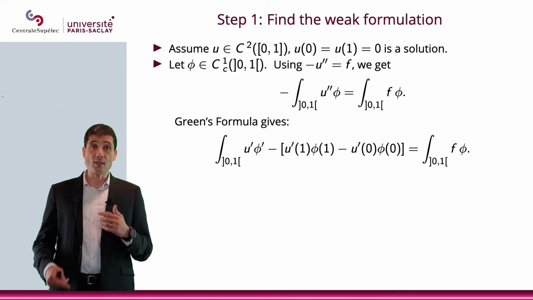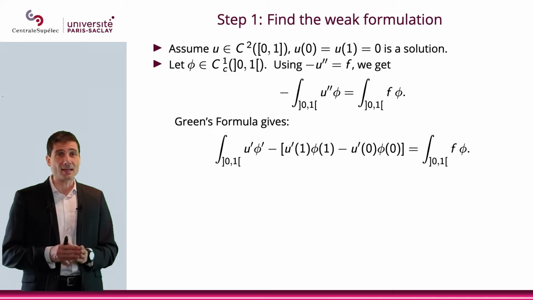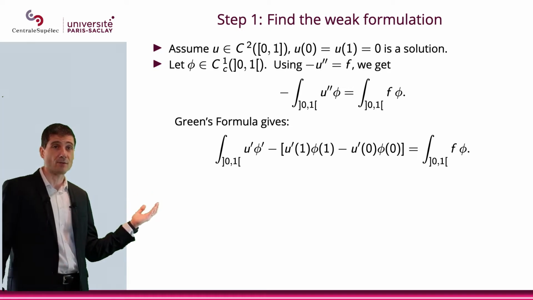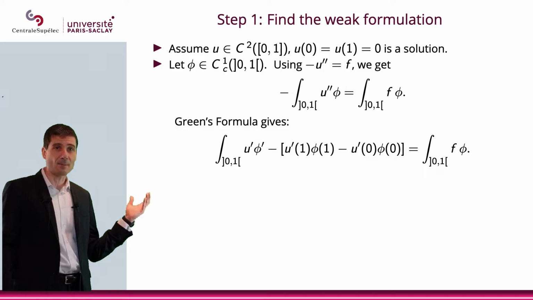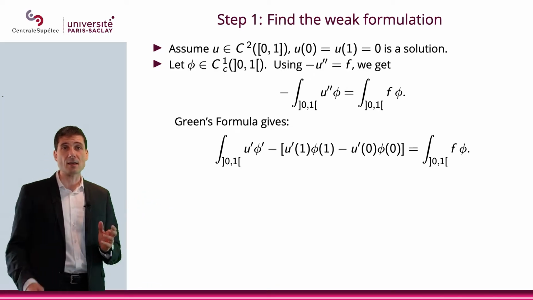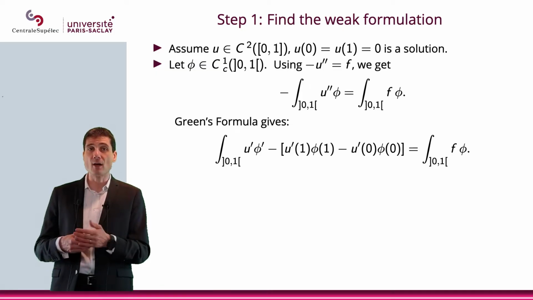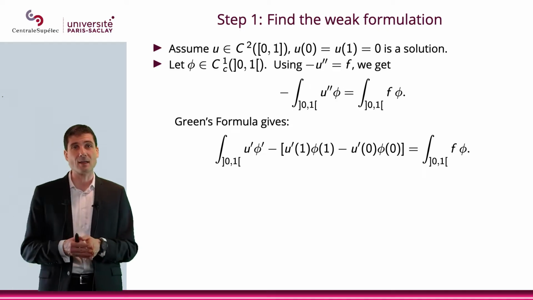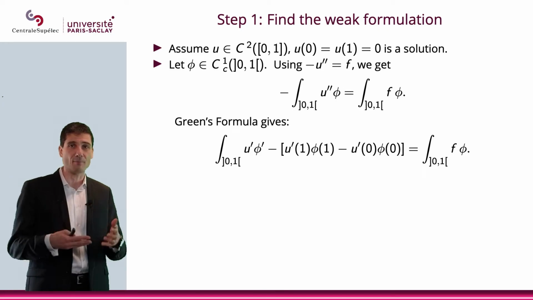Now what I can do is to use Green's formula, also known as integration by parts, and basically move the second derivative onto the derivative of phi on my left-hand side. And of course what comes out is the bracket u'(1) phi(1) minus u'(0) phi(0) with a negative sign that was coming from that integral. And the negative sign on the integral has disappeared because you have minus by minus.